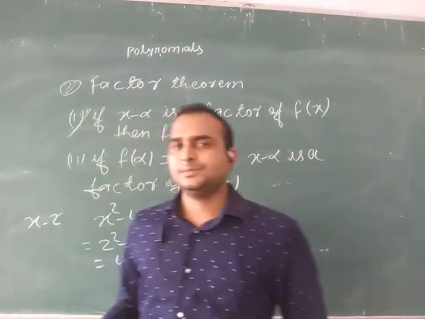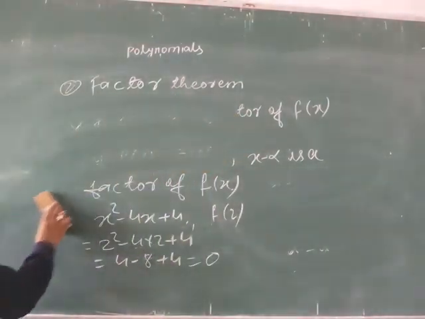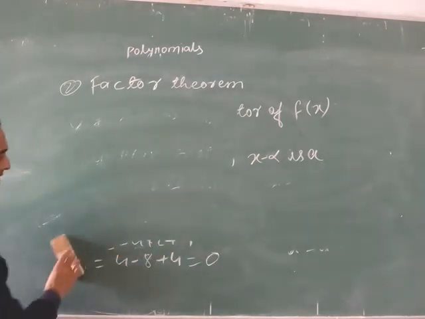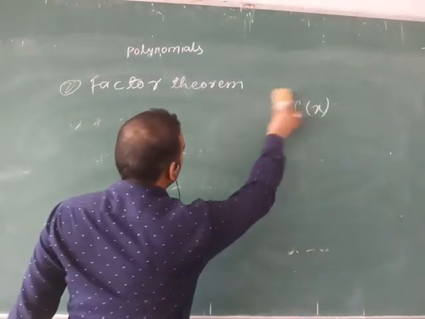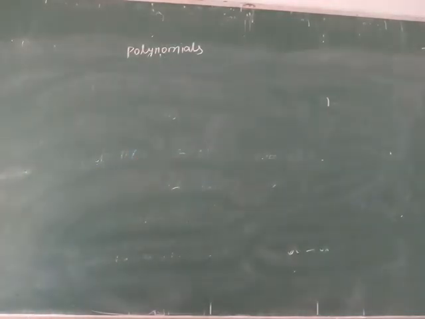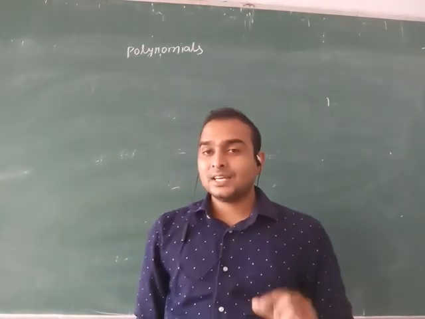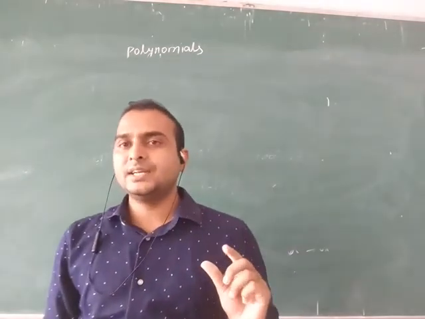Next one, as I had said, we will discuss the identities of this chapter. You know what is identity and what is equation? There is some difference between identity and equation.